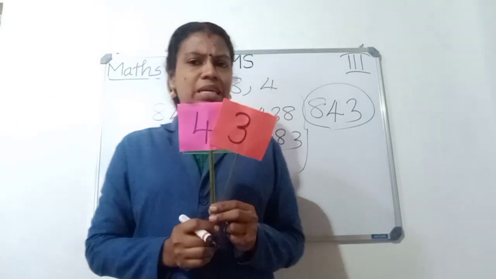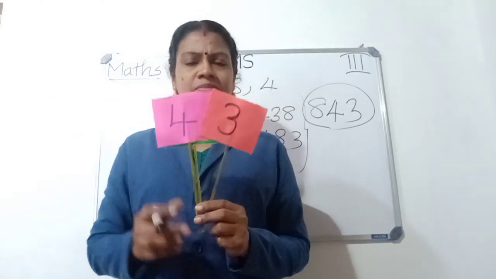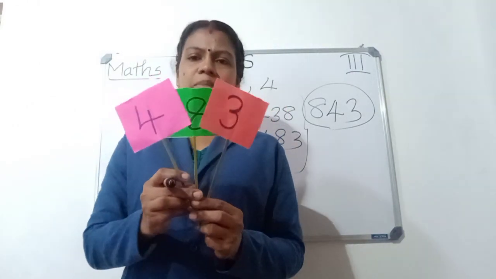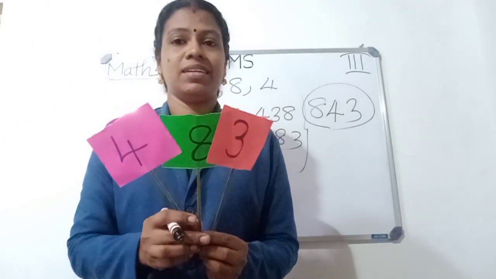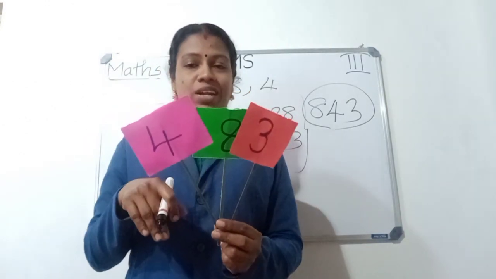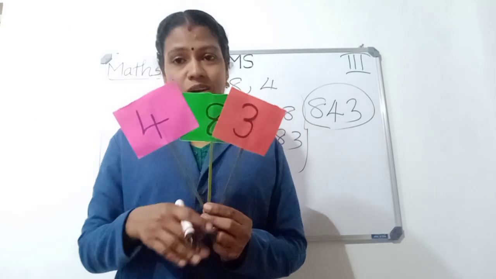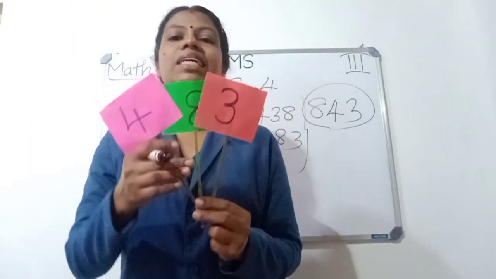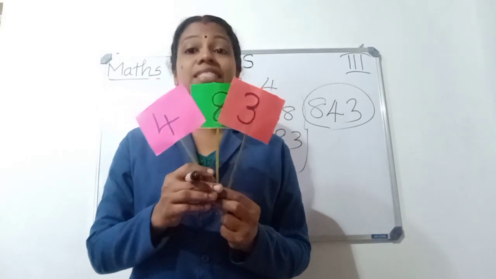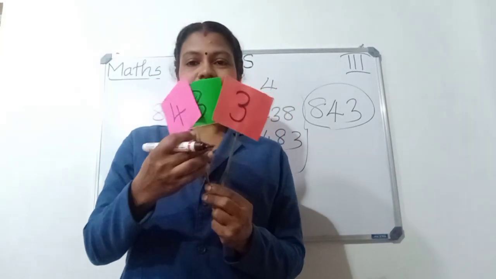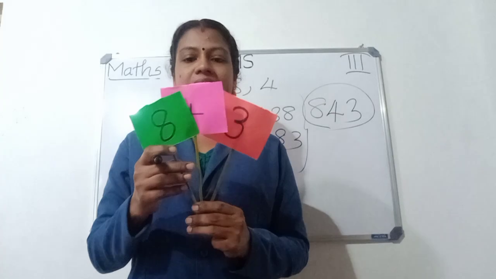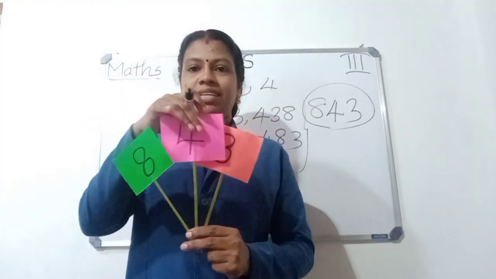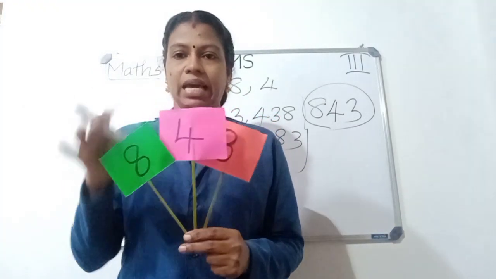Now can you tell me the smallest number? Can you arrange these numbers in reverse order? That is ascending order. Descending means big to small. So this is our number, 843, the biggest number.